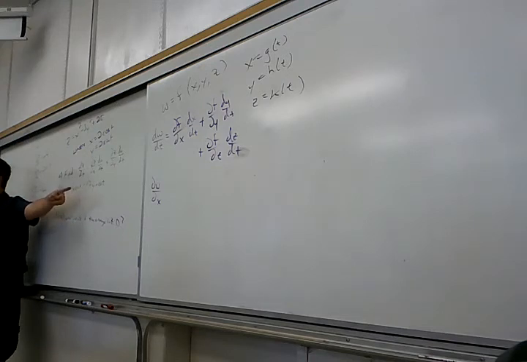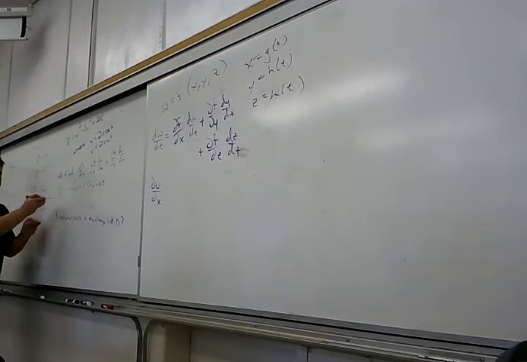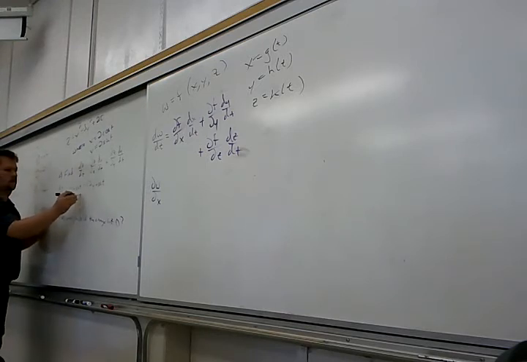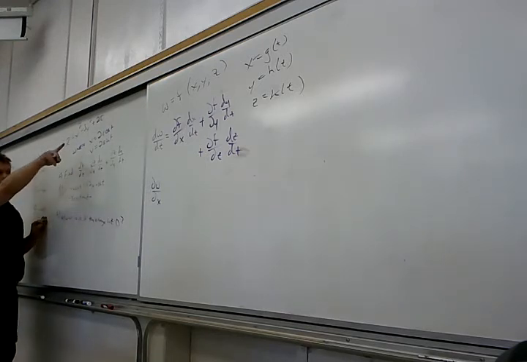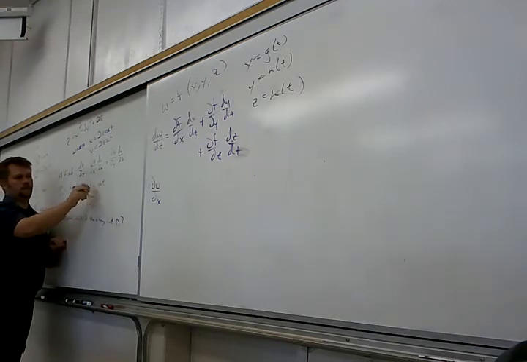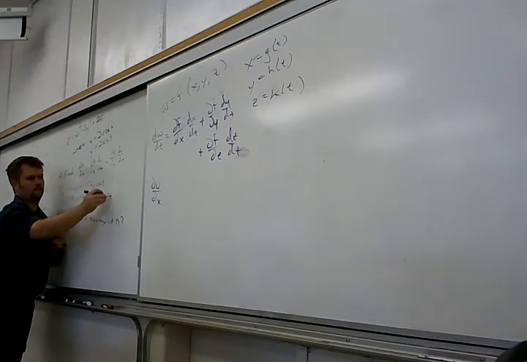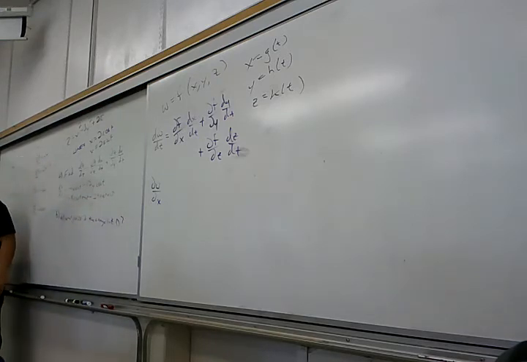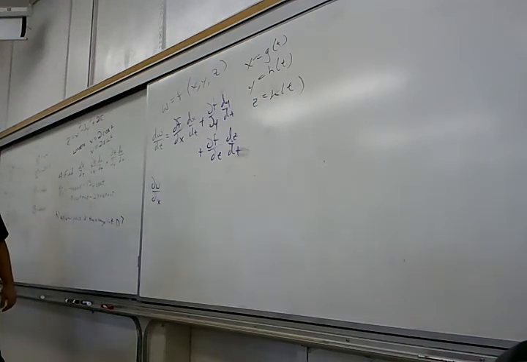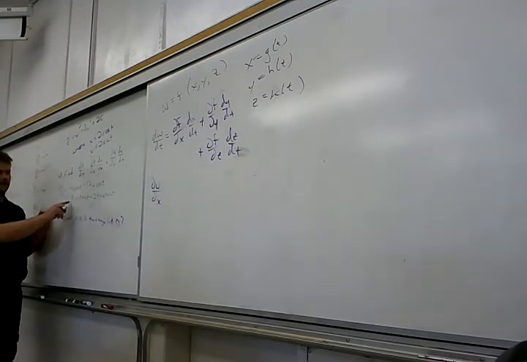What can I do now, though, that relates to what we just said? What is x? 2 cosine t. And y is 2 sine t. So then I get... You get negative 16 sine 2t. Yeah, so where is the negative sign at?